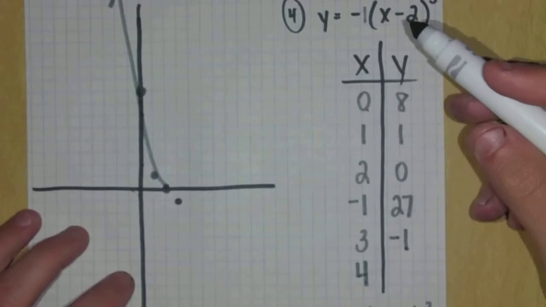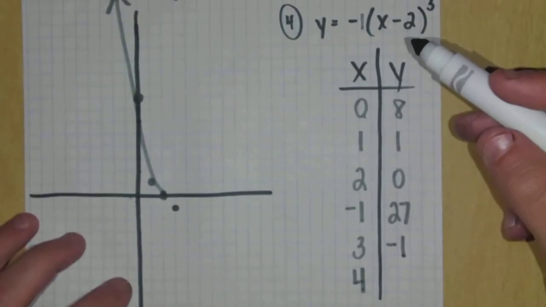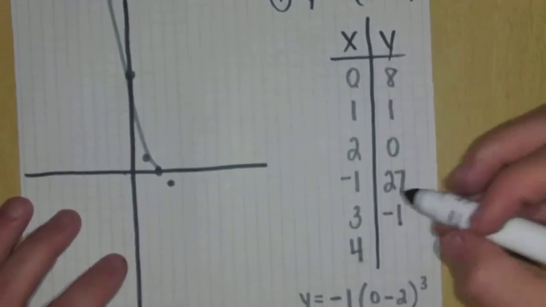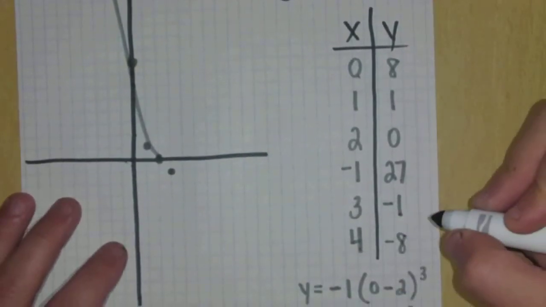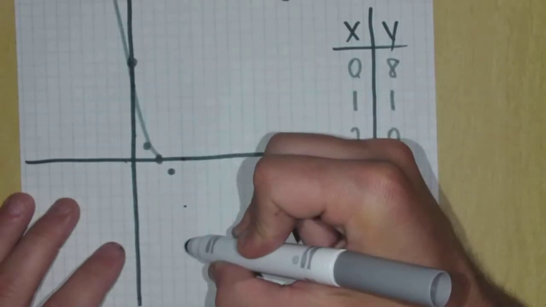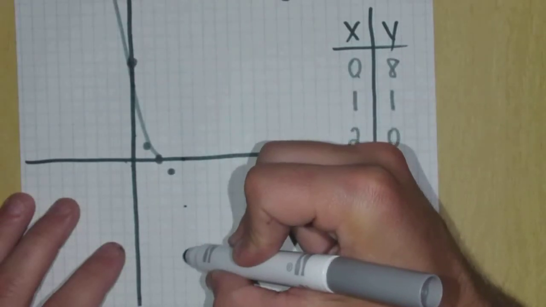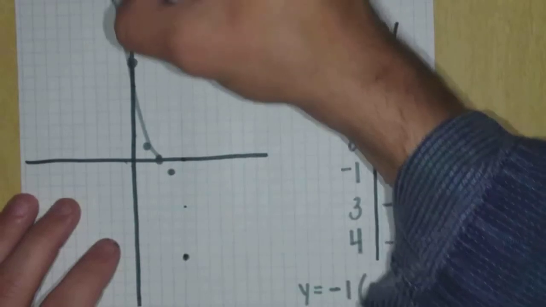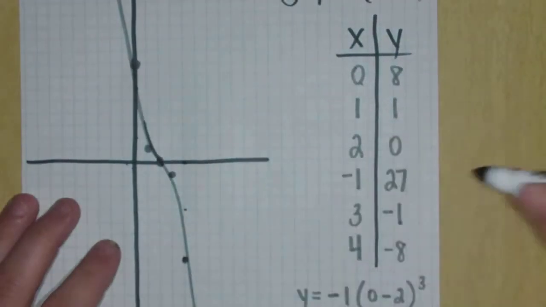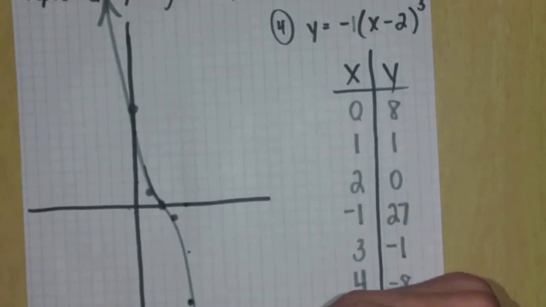If I plug in a 4 up top here, 4 minus 2 is 2. 2 cubed is 8. 8 times negative 1 is a negative 8, which means I have the point (4, -8). That would put me down here, and I definitely get that paperclip looking shape that bends left to right.